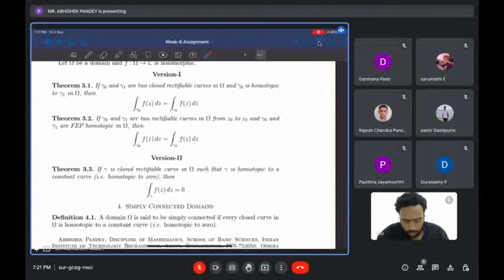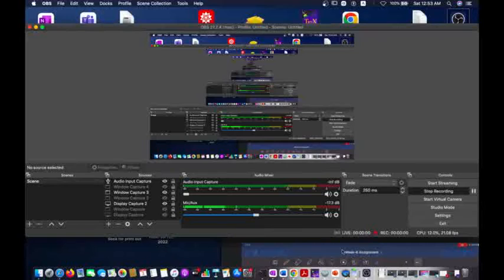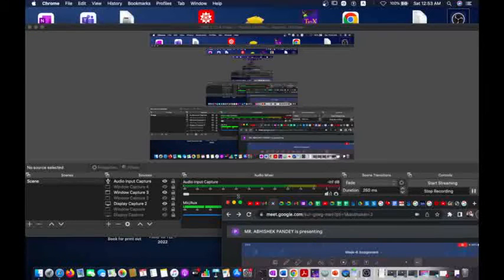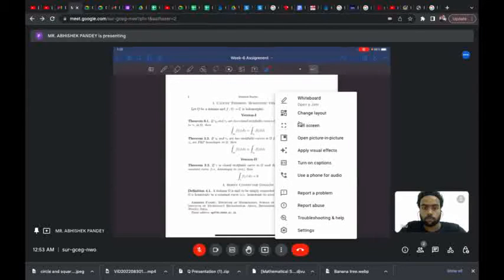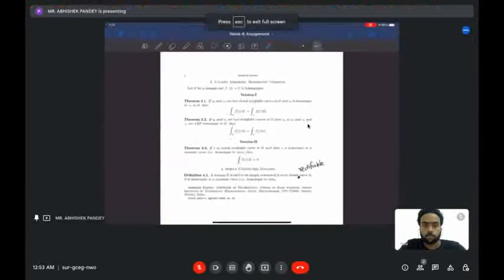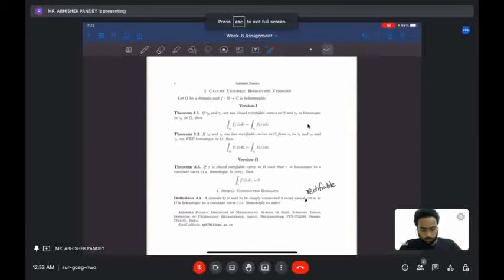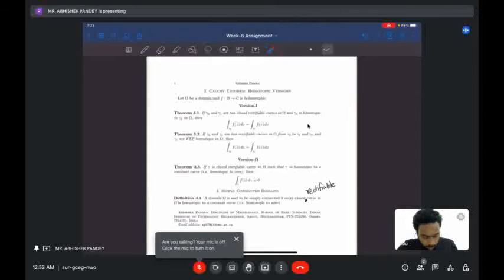Such a thing is known as homotopic to 0. So if gamma is homotopic to a constant curve, this integral will be 0.